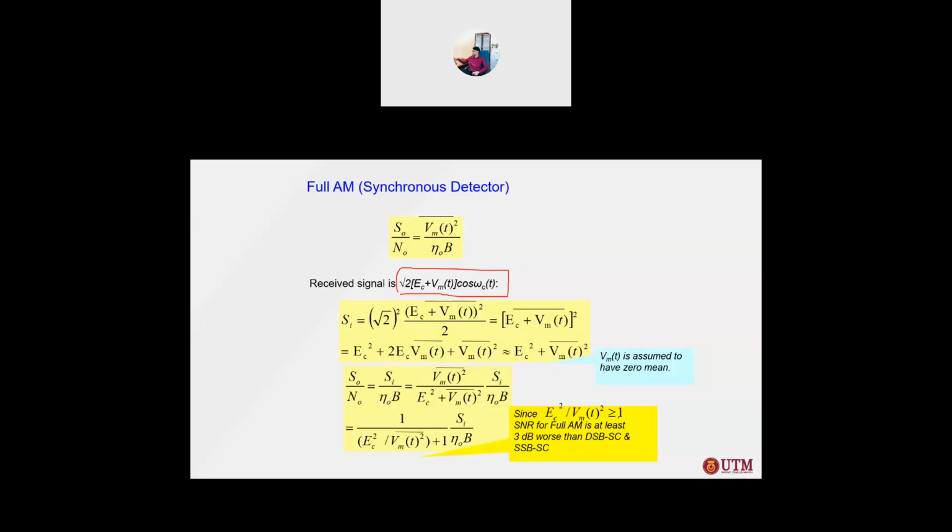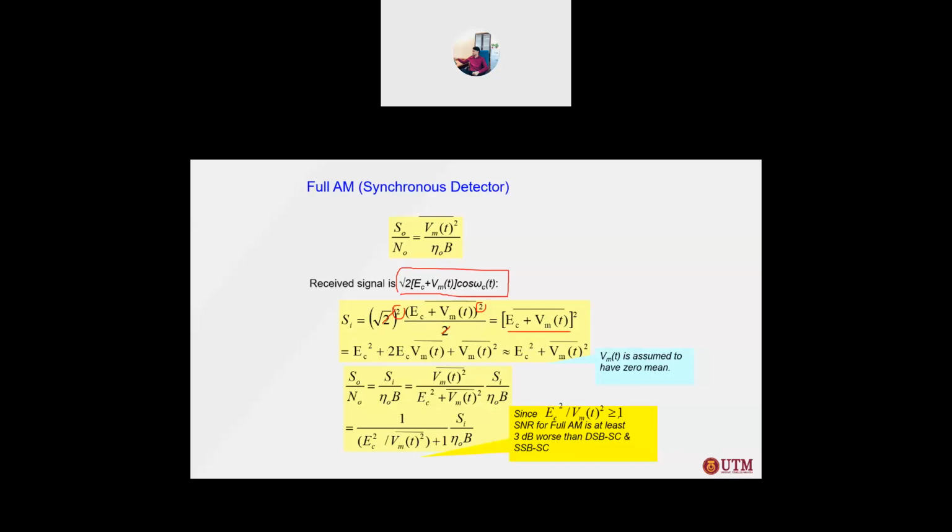So SI has a square root of 2, and then you have to square it in order to calculate the power. In order to have the signal power, EC plus VMT is square root of 2, squared, and over 2. So that's why we use this square root in the first place, so that you can easily cancel out. Then you will end up with this value.